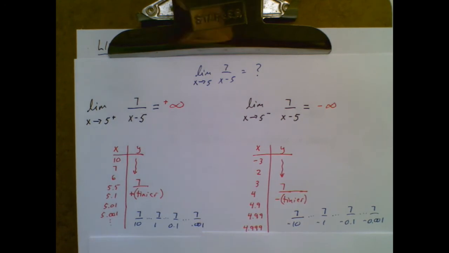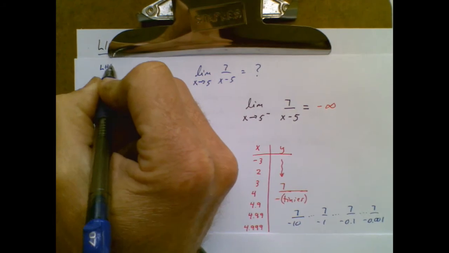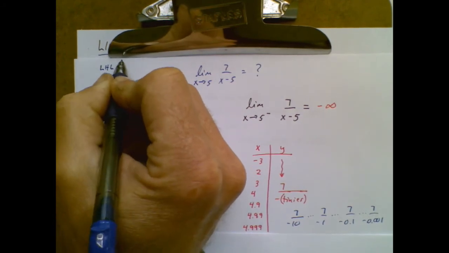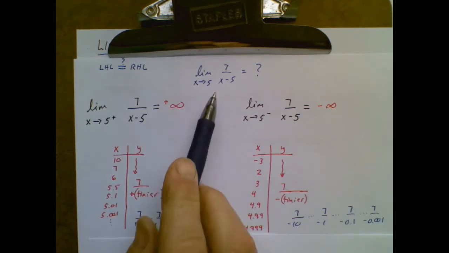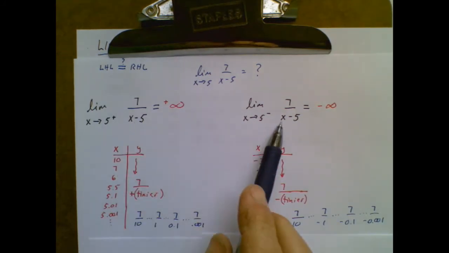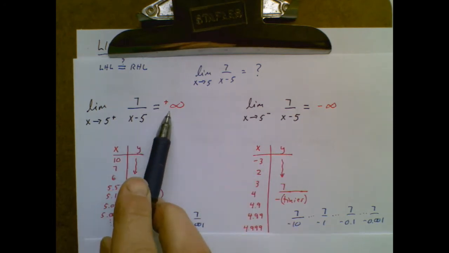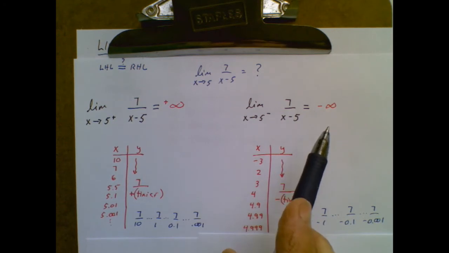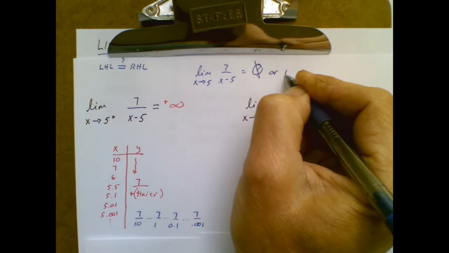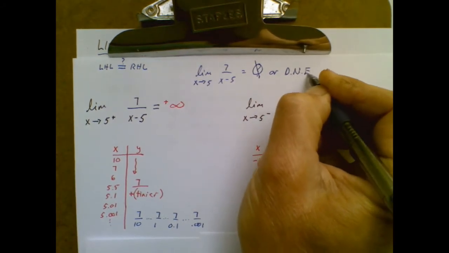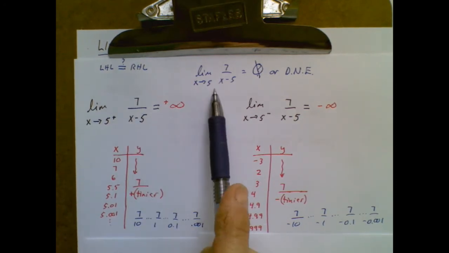Remember, the fundamental of limits is to find out if a limit exists, you must look at the left-hand limit and compare it to the right-hand limit. So if you were given this, your brain would have to go through this process. And in this case, the right-hand limit and the left-hand limit give you different answers. So this would either be that, or you could call it does not exist. So that's just a little side note.